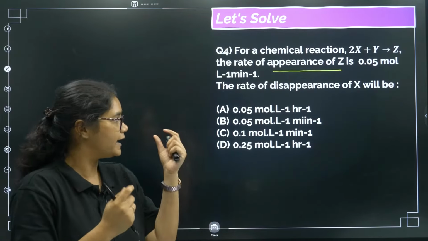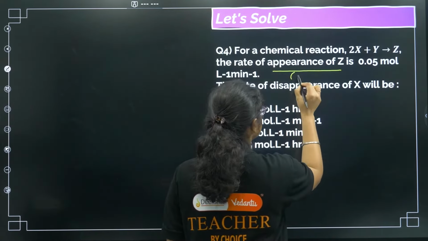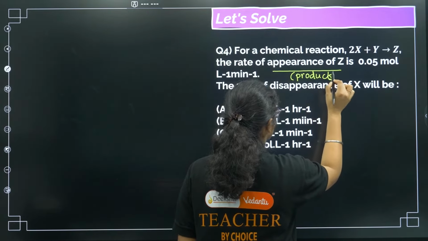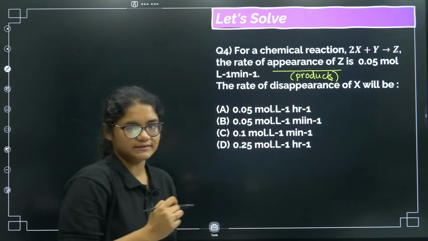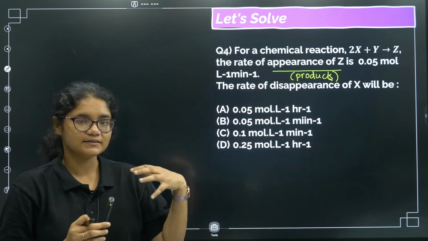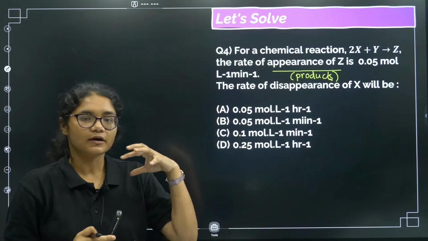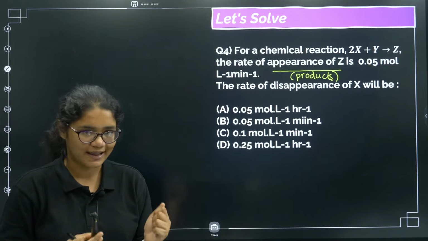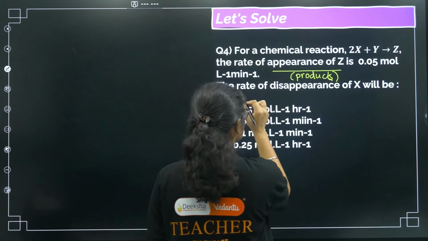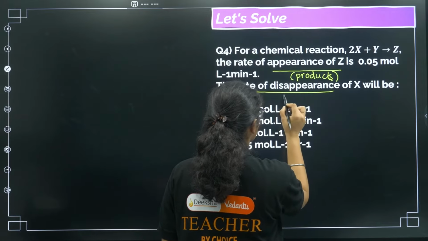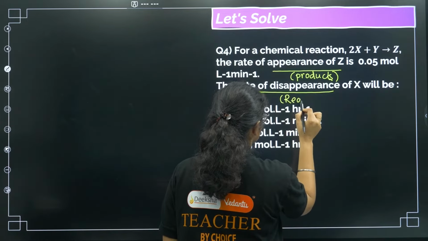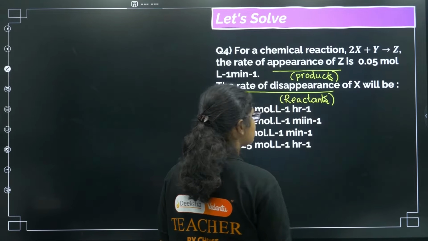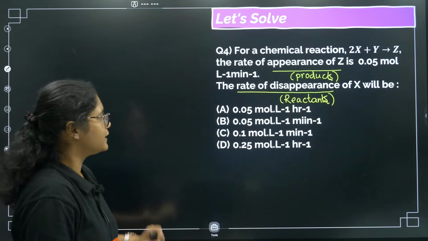So for the rate of appearance, the term is used for products, and rate of disappearance means something which is consumed. Now reactant is getting consumed or product is getting consumed? Reactant, right? So the rate of disappearance is used for reactants. Clear?